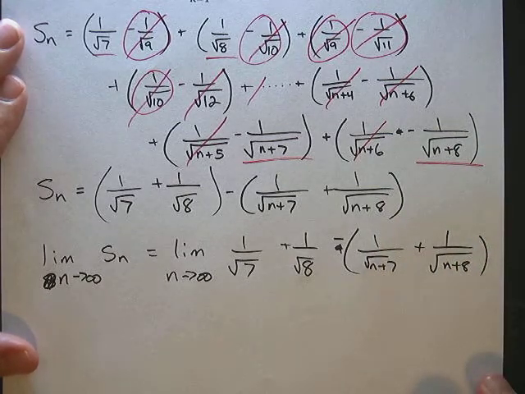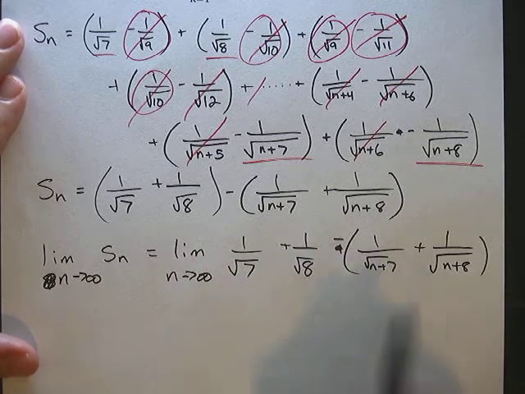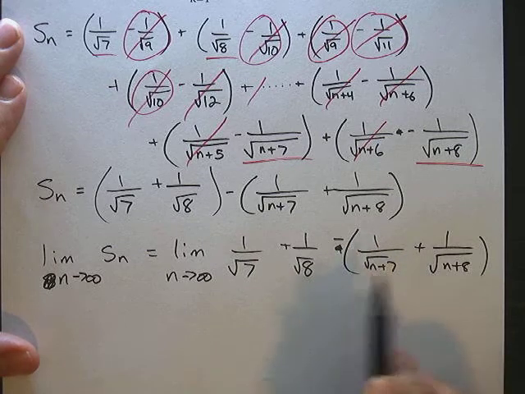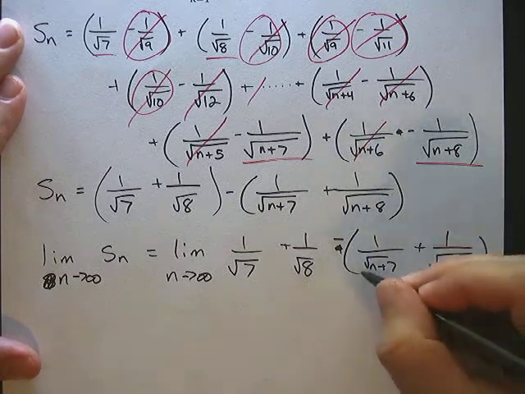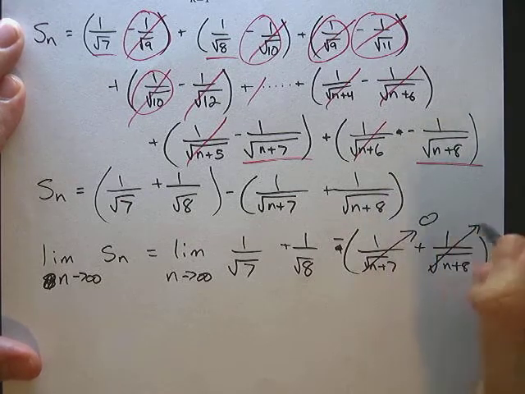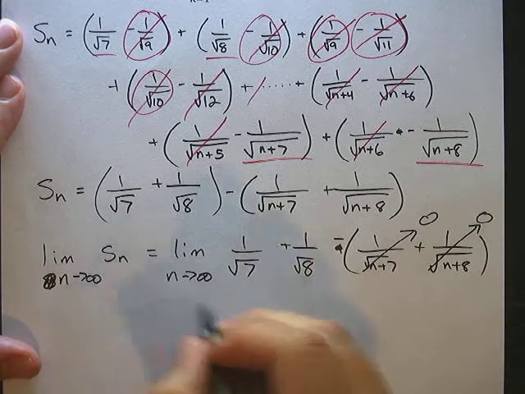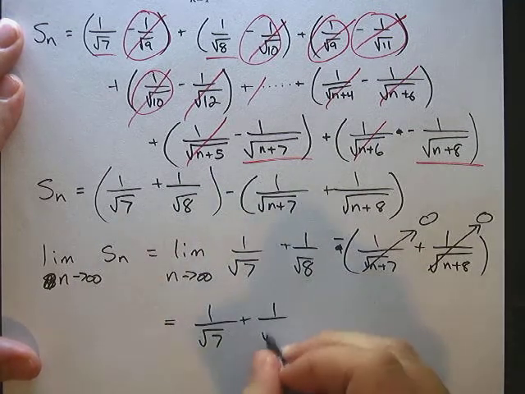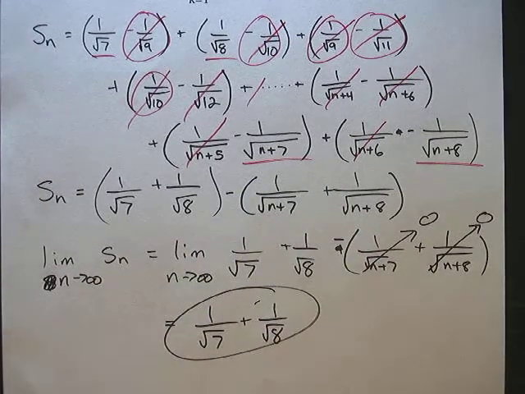For the constant terms, with no variable, nothing happens. These last two do have a variable, so as n goes to infinity, the denominators of both go to infinity, which means the fractions themselves both head to 0. So this limit is equal to 1 over the square root of 7 plus 1 over the square root of 8, which means the series converges, and that is what it converges to.